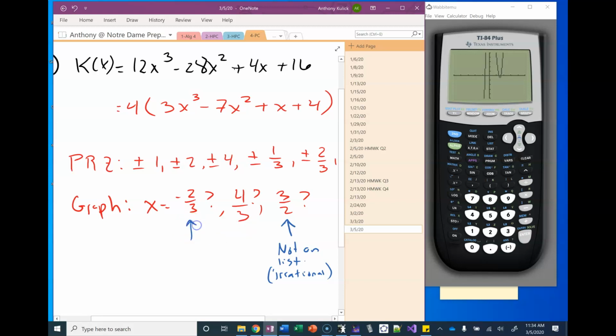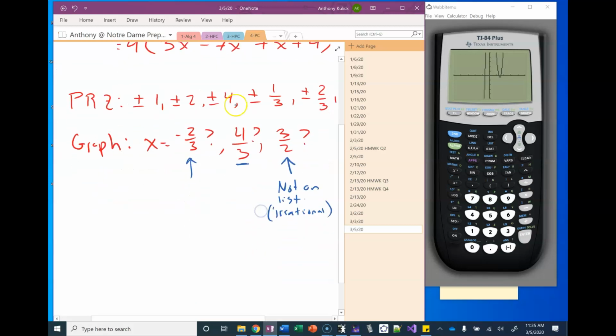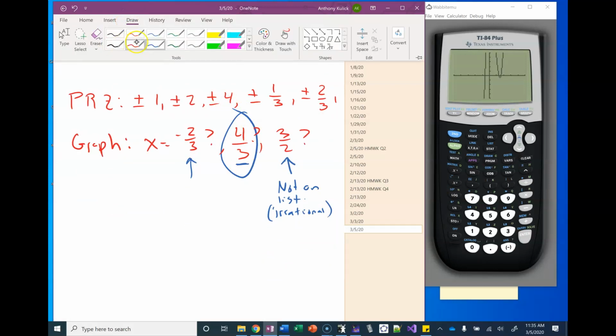This one seems like the more likely candidate because this one looks much more like 4/3 and that one did like -2/3 to me. The other one looks a little bit too close to -1 for me to think that's -2/3. Is everybody okay with that idea? All right. So this is the one that I'm going to try my synthetic division with.